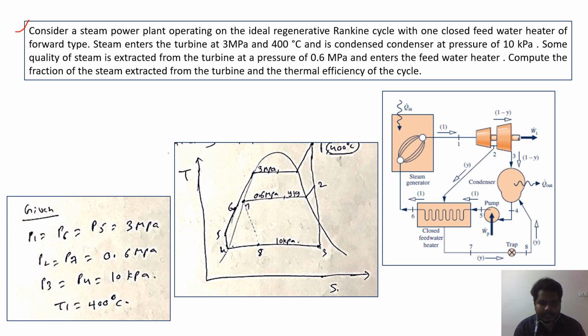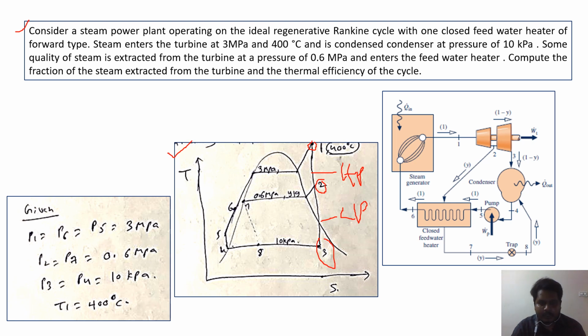Now let us see the TS diagram. As we know, here there will be two turbines, a high pressure turbine and a low pressure turbine, in the regenerative Rankine cycle. Process 1 to 2 is isentropic expansion through the high pressure turbine. 2 to 3 is isentropic expansion through the low pressure turbine.